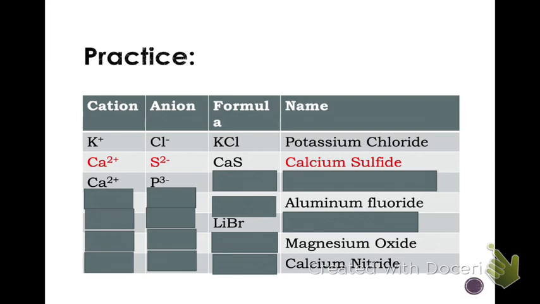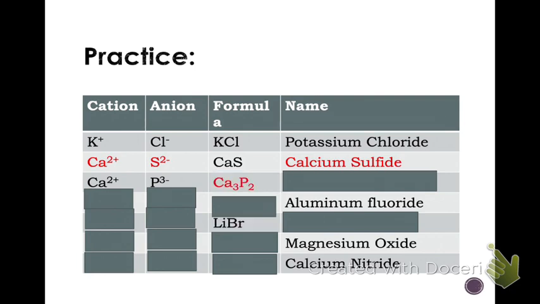So the next example gives us the 2 ions. To write the formula, remember we need to figure out how many of each we need in order to have the overall charge for the compound to be 0. And we did one that was kind of like this with calcium and nitrogen.